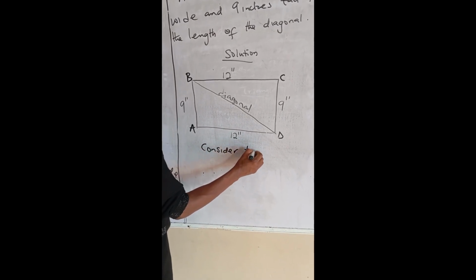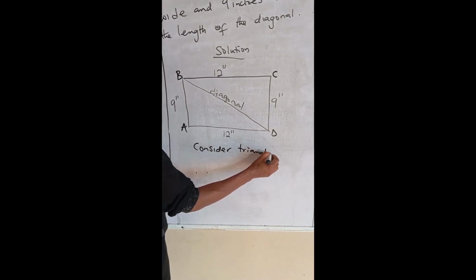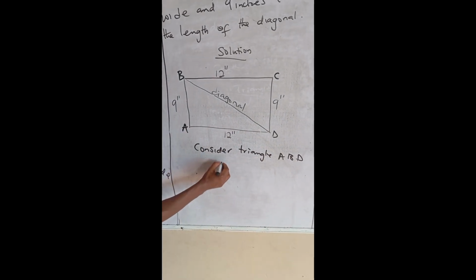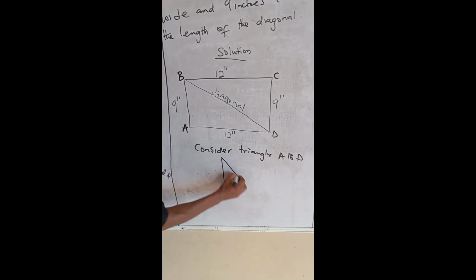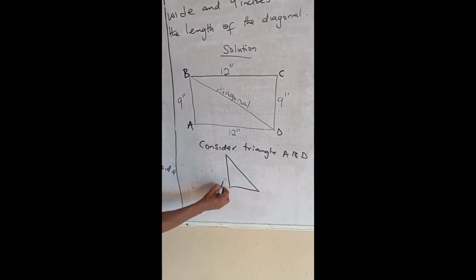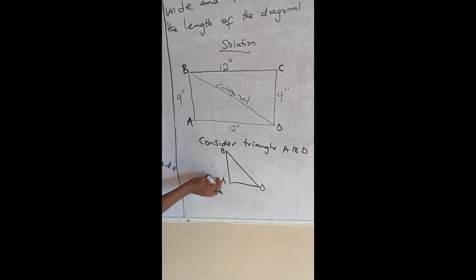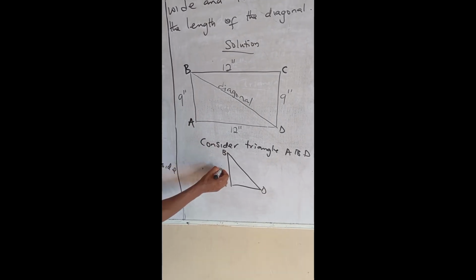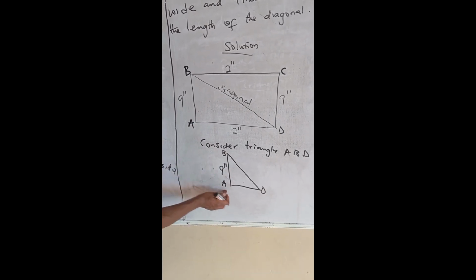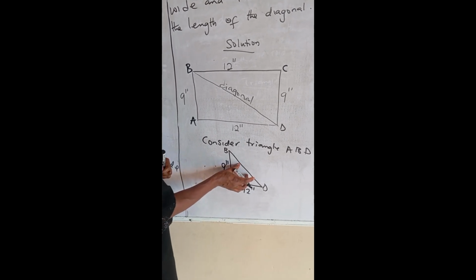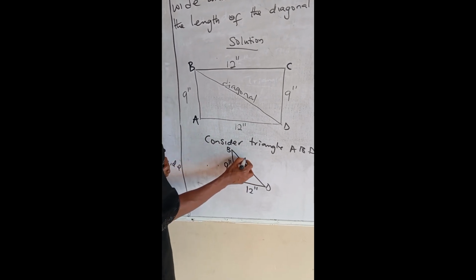Consider triangle ABD. Let's bring out the shape. Triangle ABD. Line AB is 9 inches and line AD is 12 inches. We have to find the diagonal. Let's label the diagonal as y.